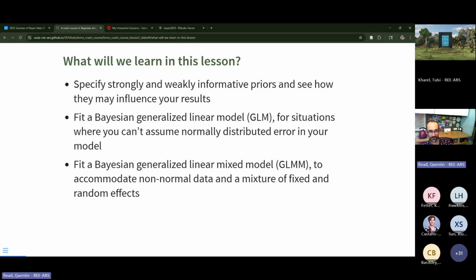We're going to do generalized linear models now, where the error is not normally distributed. And we can do GLMs, and we're even going to do GLMMs, generalized linear mixed models, because sometimes you have both non-normal data and a mix of fixed and random effects, so you need a GLMM.